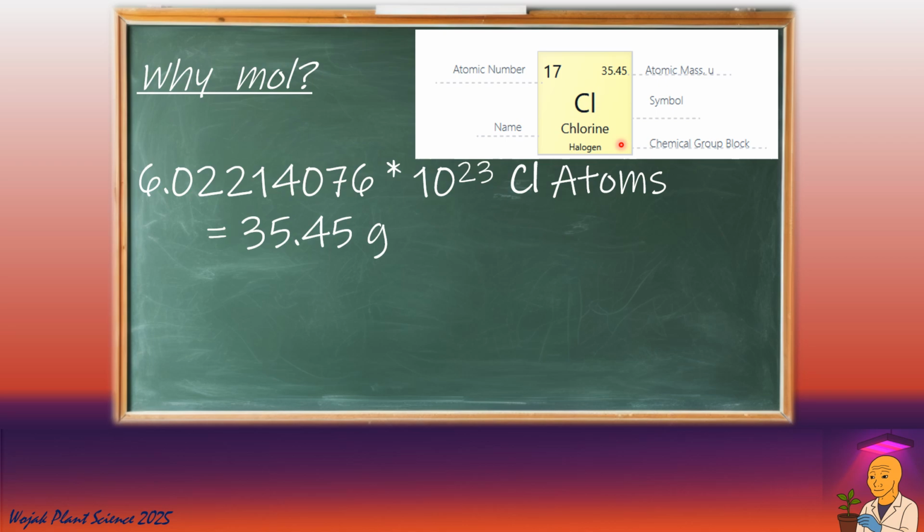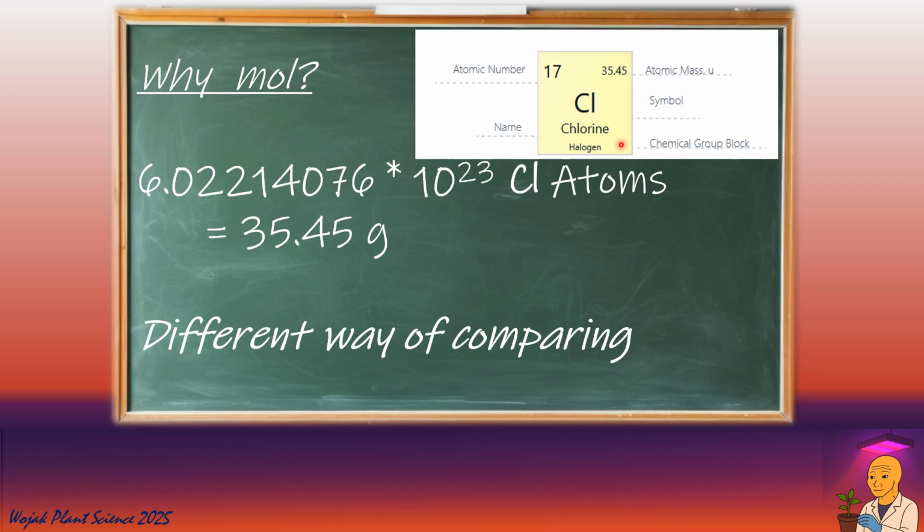Okay, so why mole? It's a different way of comparing. This is what you should take away: we could also take half a mole or 10% of a mole, and then we always result in a different mass for that number of atoms.